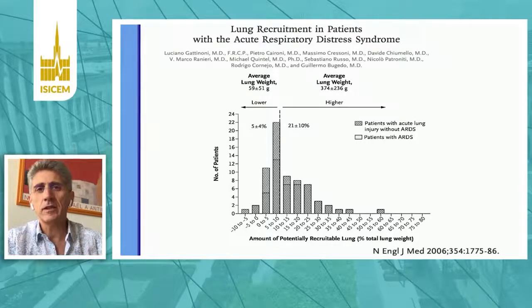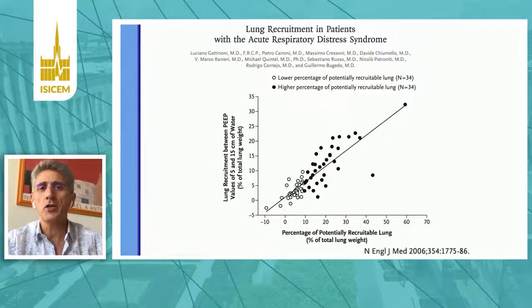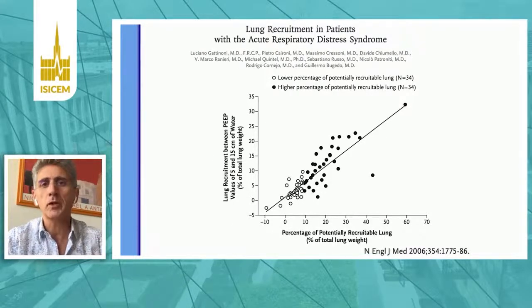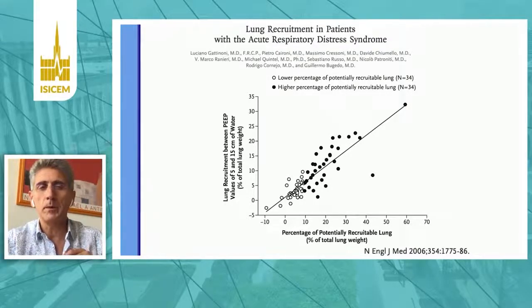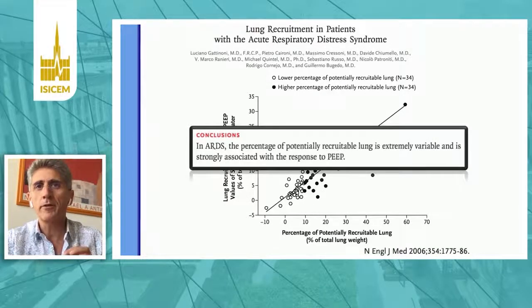But you can see that it's extremely variable from patient to patient, and that there's a nice correlation between the percentage of potentially recruitable lung and the lung recruitment measured between PEEP values of 5 and 15 centimeters of water. That was the most important conclusion of this paper published almost 15 years ago.